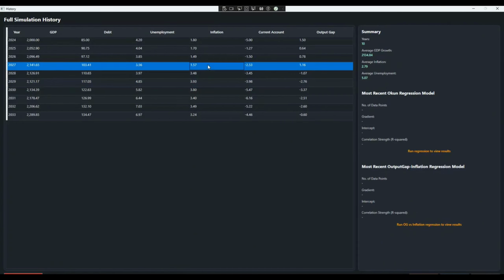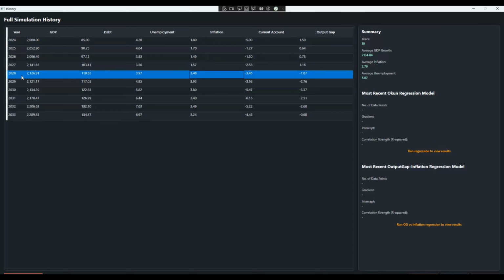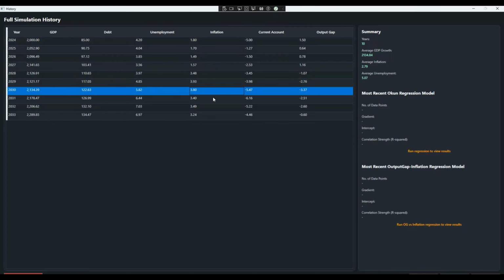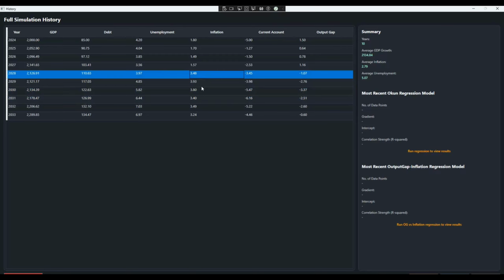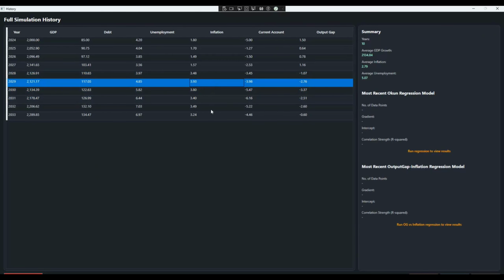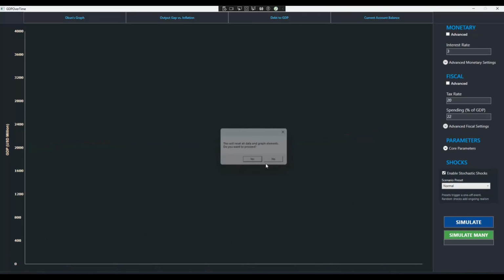So from 2027 to 2024, we're in the 1.0, 2.0 range, and then 2028 kicks in, oil and supply shock, 3.48, 3.93, 3.81, 3.80, and then see over this 3-year period, we see increase in inflation, and then it starts to decrease slowly. So we can mark the oil and supply shock as a success.